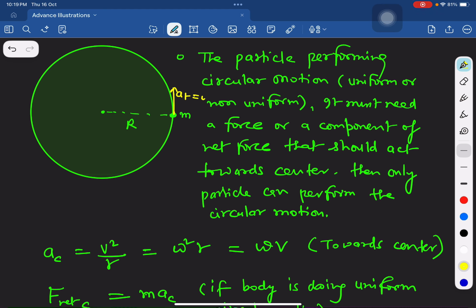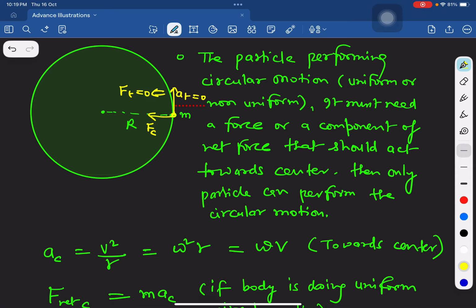So if a t is equal to 0, it implies that F t should also be 0. It means at this time on this particle only the centripetal force should act. Why? Because there are only two components that we can write.